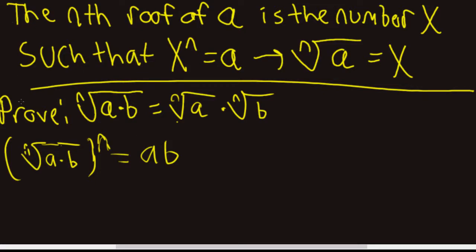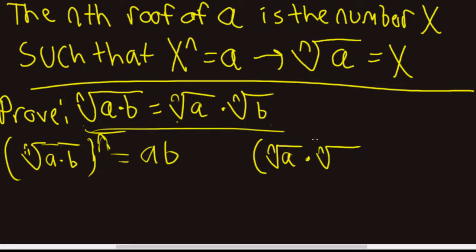So if this is following our definition, and we're trying to prove that all this over here is true, then we must also show that the nth root of a times the nth root of b, raised to the n, is going to be equal to a times b.